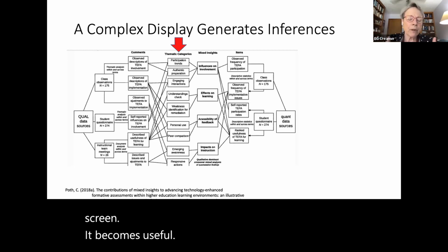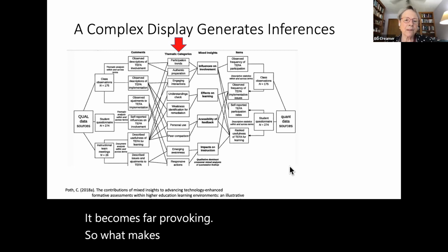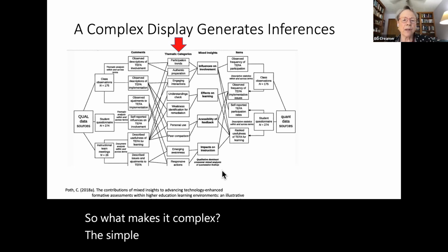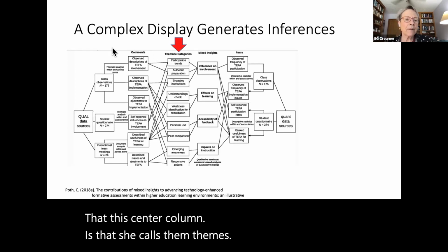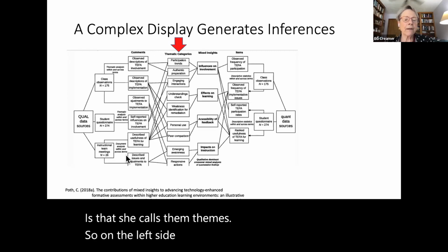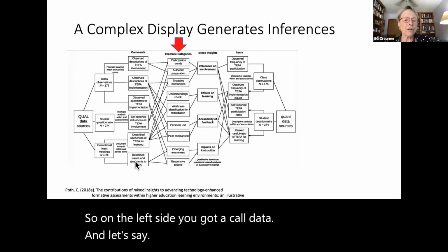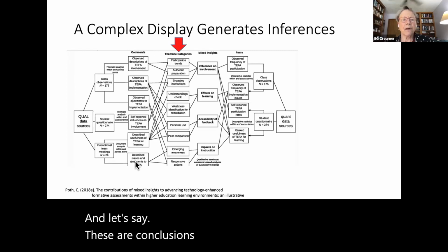It becomes thought-provoking. So what makes it complex? The simple answer is that this center column is, she calls them themes. So on the left side, you got her qual data. And let's say these are conclusions from the qual data.